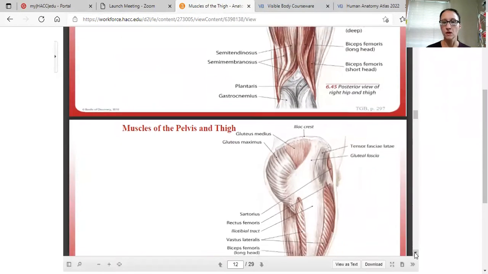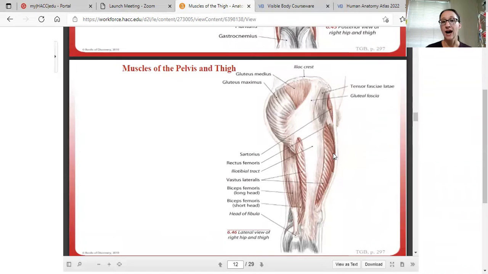All right, here's a side view. I really like this view, and I try to impress this upon students a lot. So here is the iliotibial band or iliotibial tract. Either one is fine. And all this that you see here, all this red muscle here and here, it's all one muscle. It's all vastus lateralis.